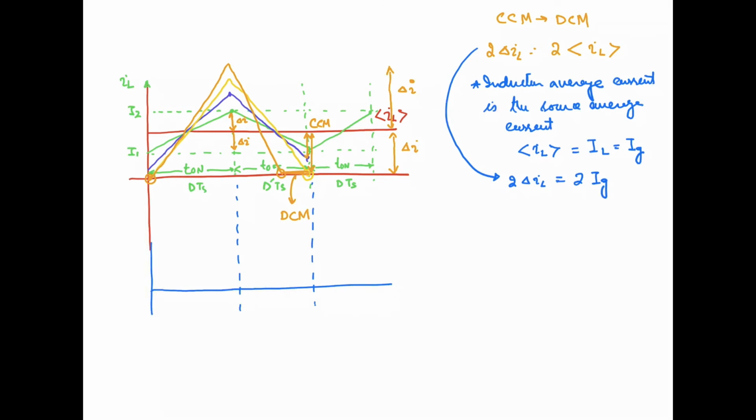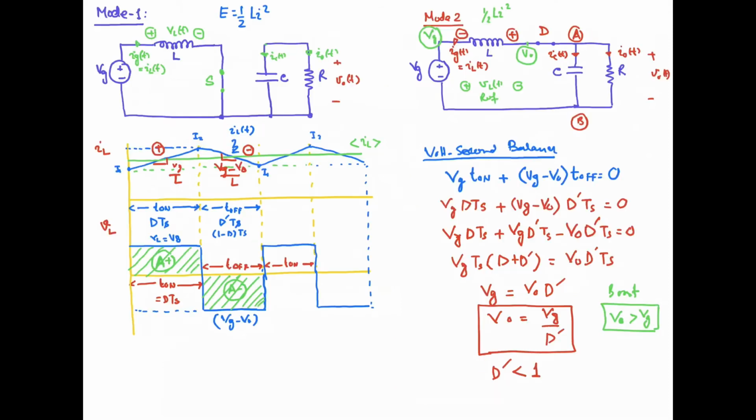Okay, now let's look at which portion of the source current is contributing towards the output. If I go back and look at this slide, the inductor current is equal to the source current, no doubt, in both cases, but in the second mode of operation, your inductor and source combined together are contributing current towards the capacitor and the load resistance.